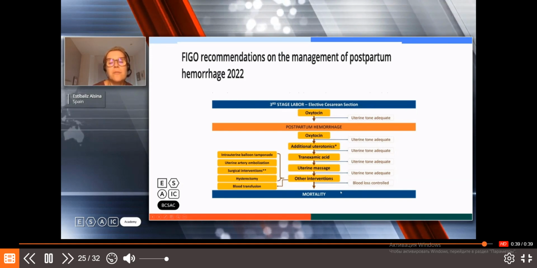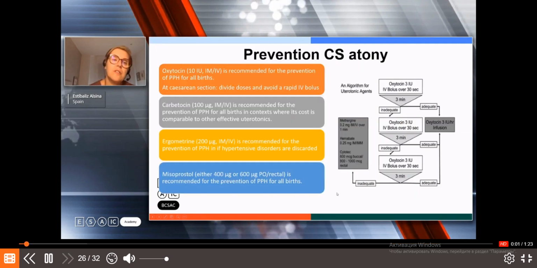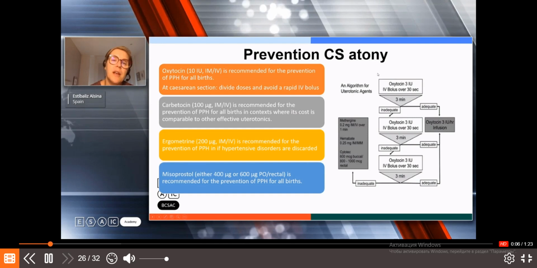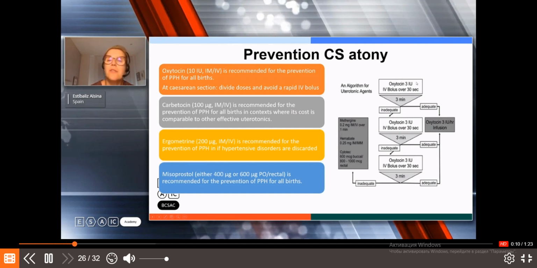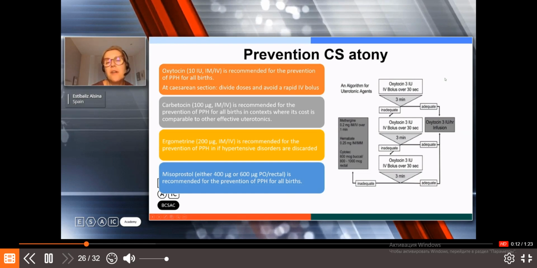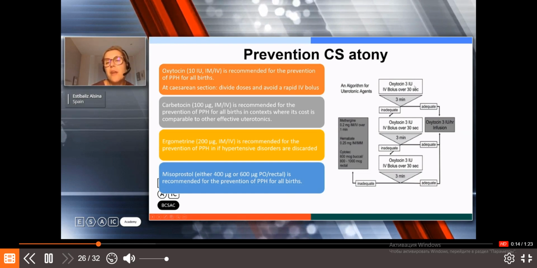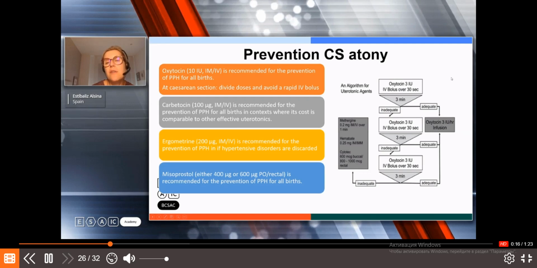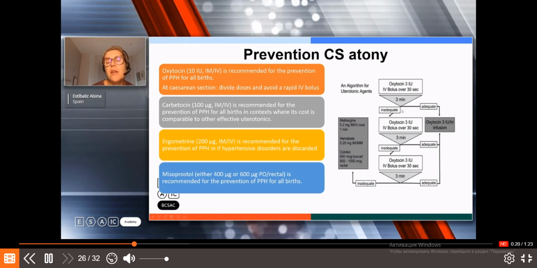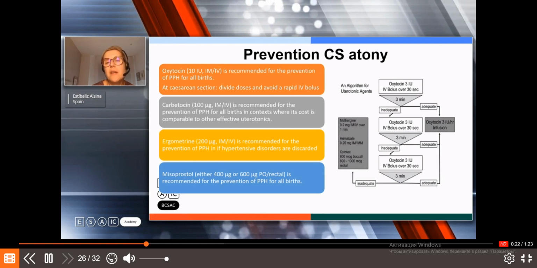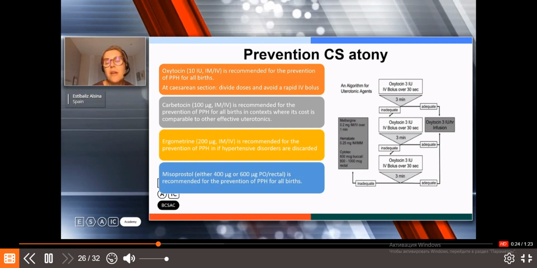As uterotonics, we can use oxytocin, that we use in every labor and every cesarean. And during cesarean, we can use this algorithm, that is 3 units intravenous bolus. 3 minutes after, we consider again the tone of the uterus.